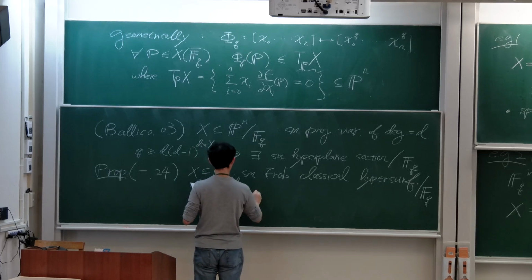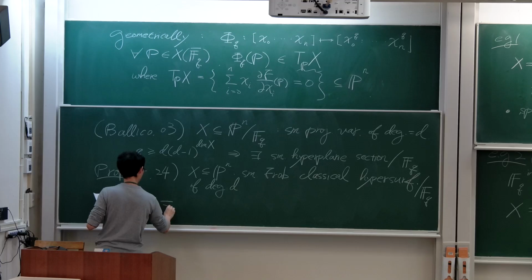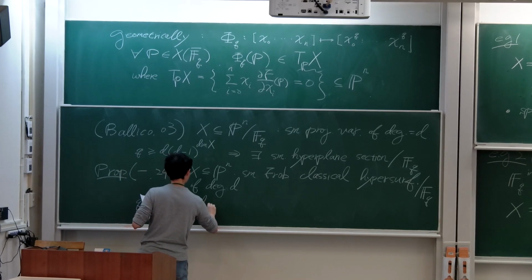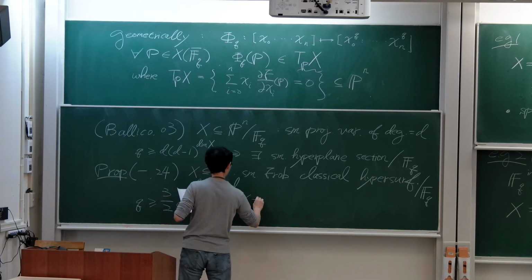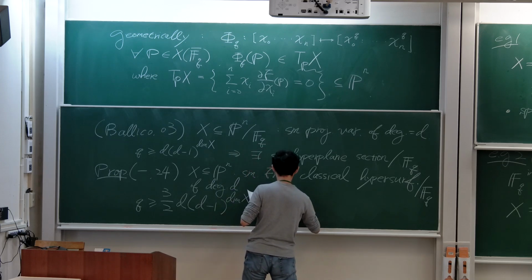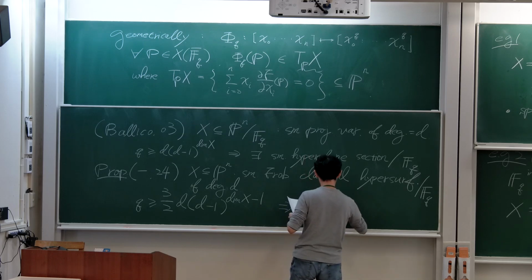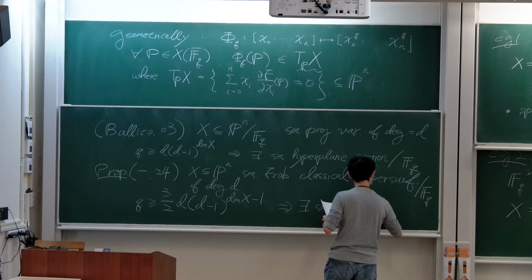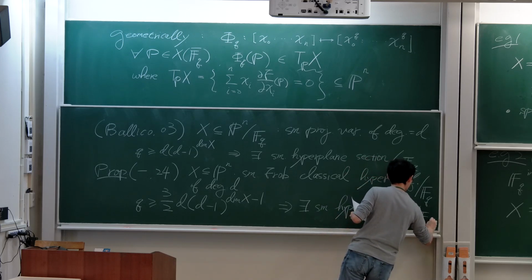Then once q is at least 3/2 times (d minus 1) to the power of the dimension of X minus 1, then we get some smooth hyperplane section over Fq.